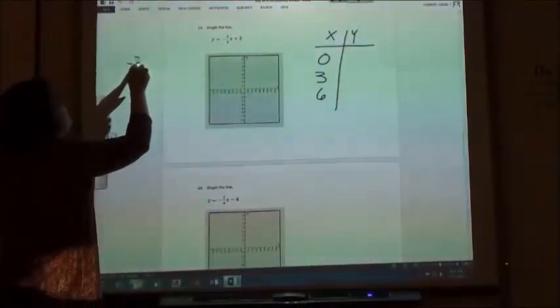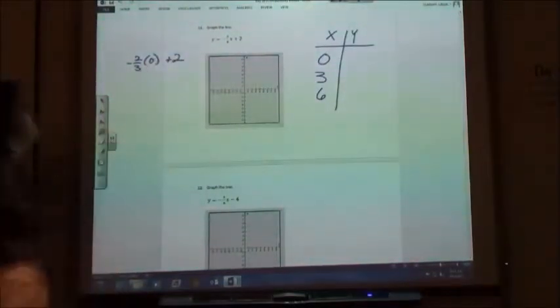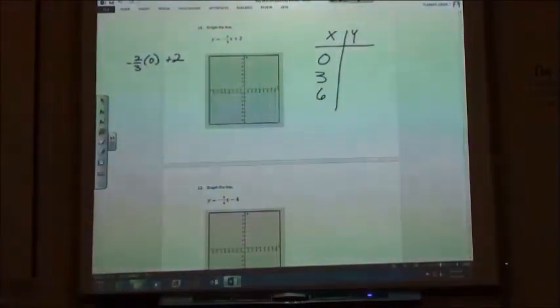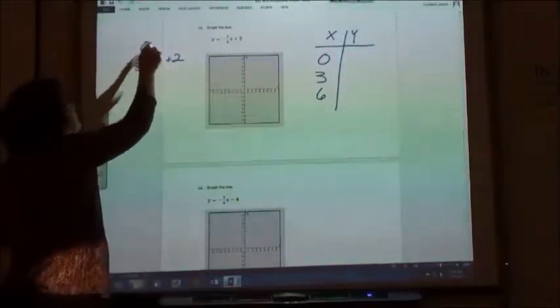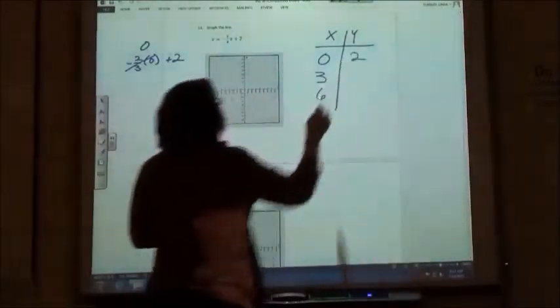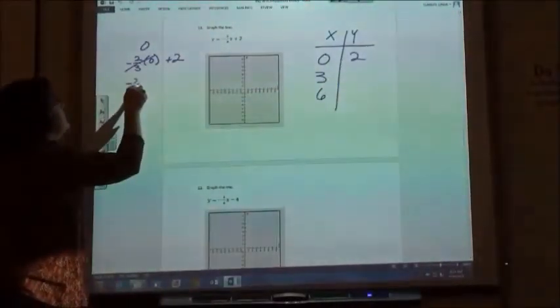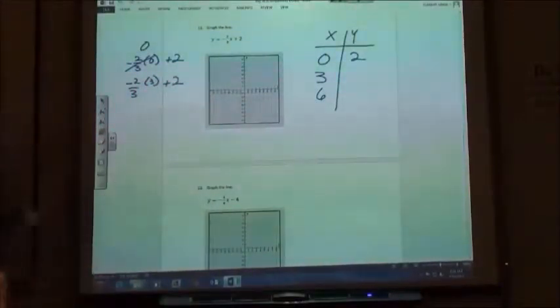So negative 2/3 times 0 plus 2 would give me 2, exactly. Then negative 2/3 times 3 plus 2.